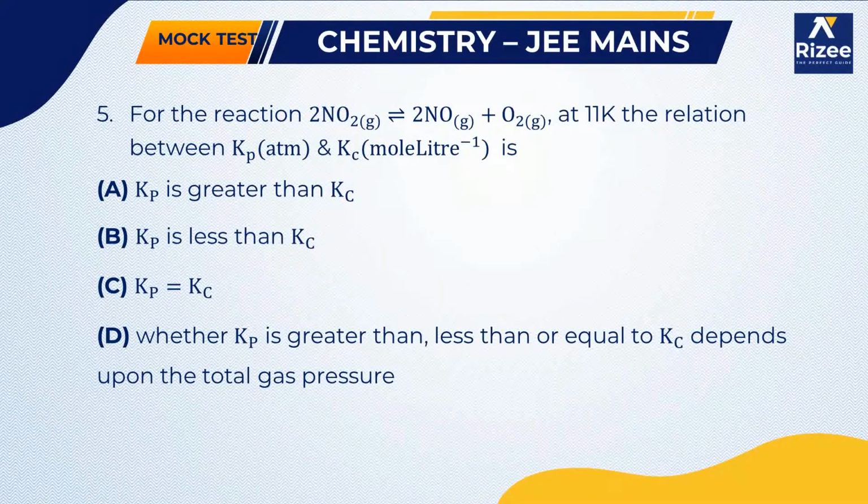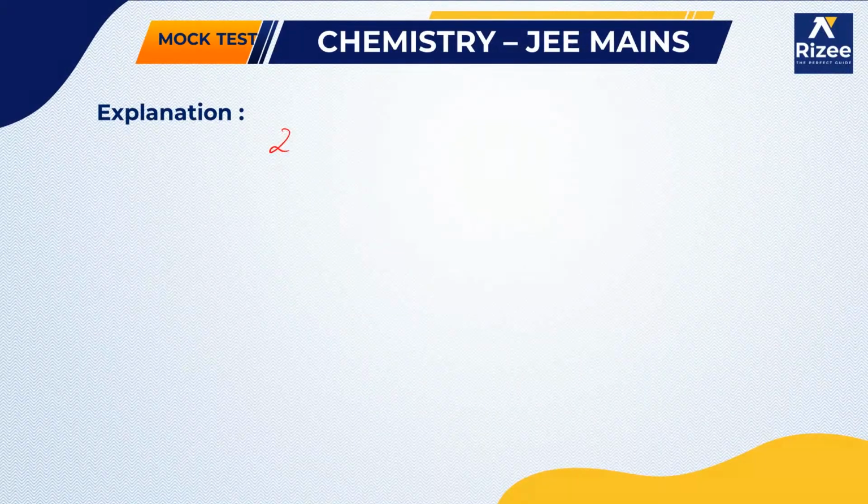For the reaction 2NO2 gives rise to 2NO plus O2 at 11 Kelvin, the relation between Kp and Kc is asked. So let us write the reaction he has given: 2NO2 gives rise to 2NO plus O2.